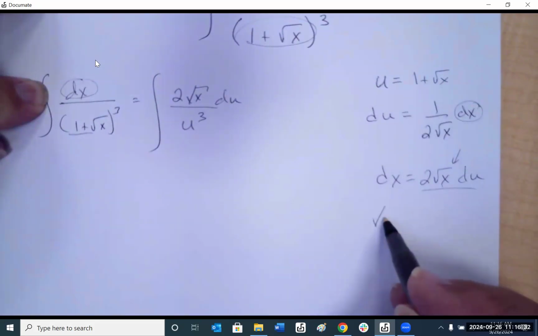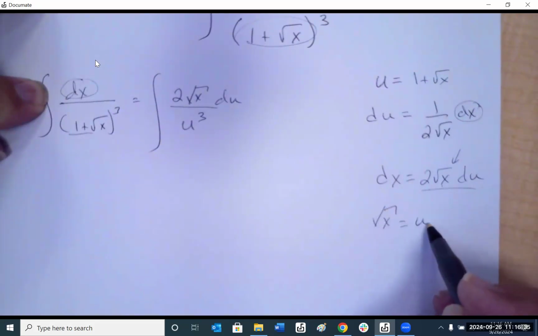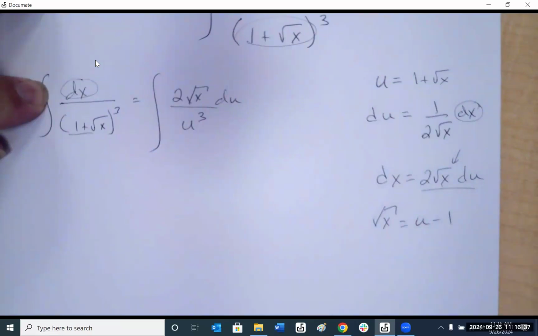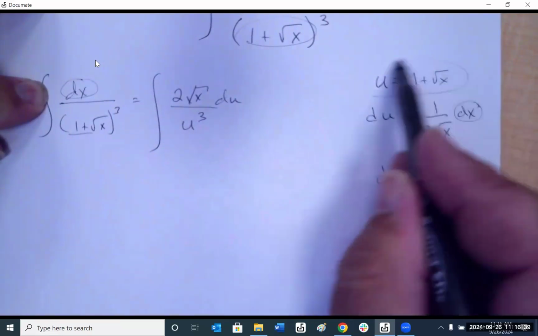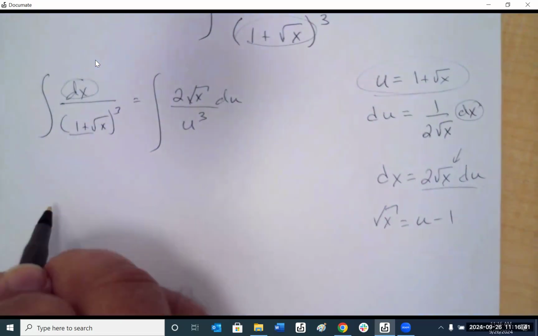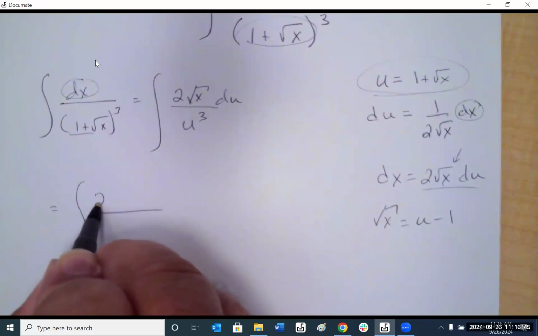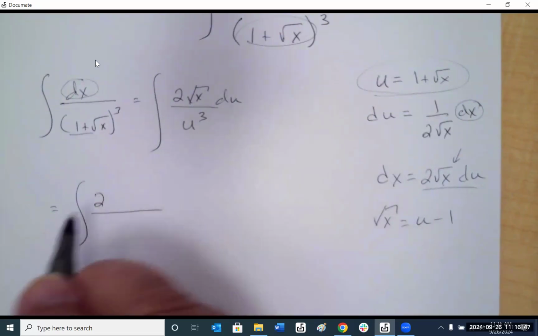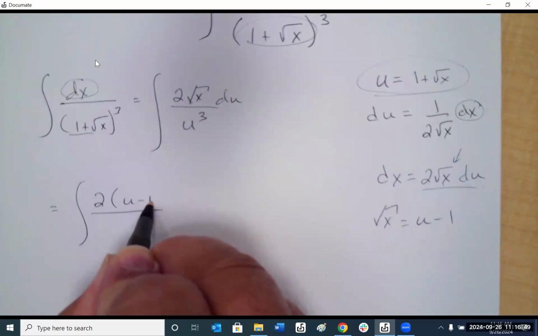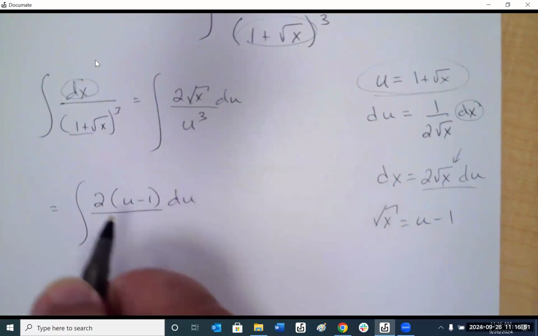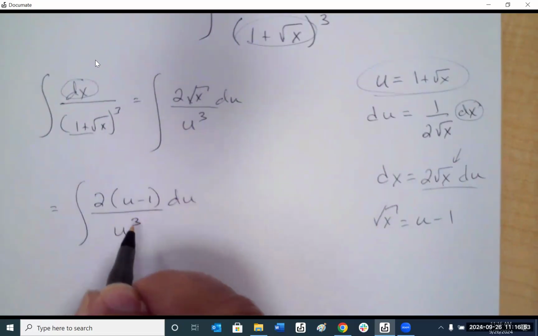So radical x equals u minus 1 from this equation. So we have 2 times u minus 1 du over u cubed.